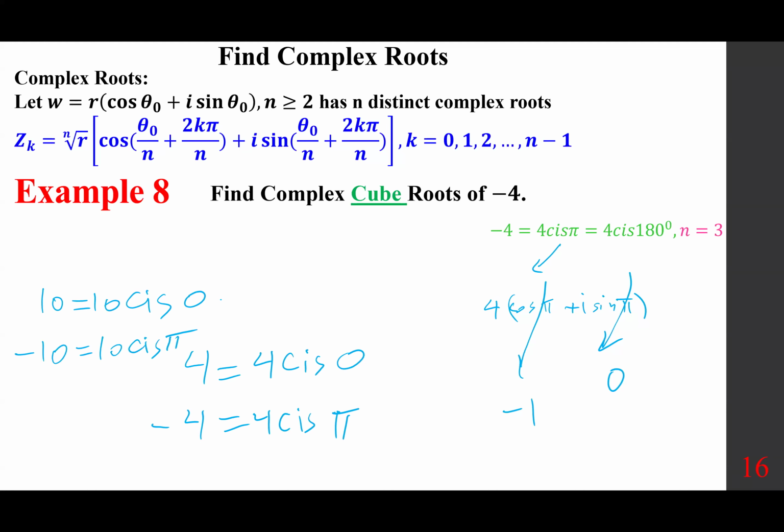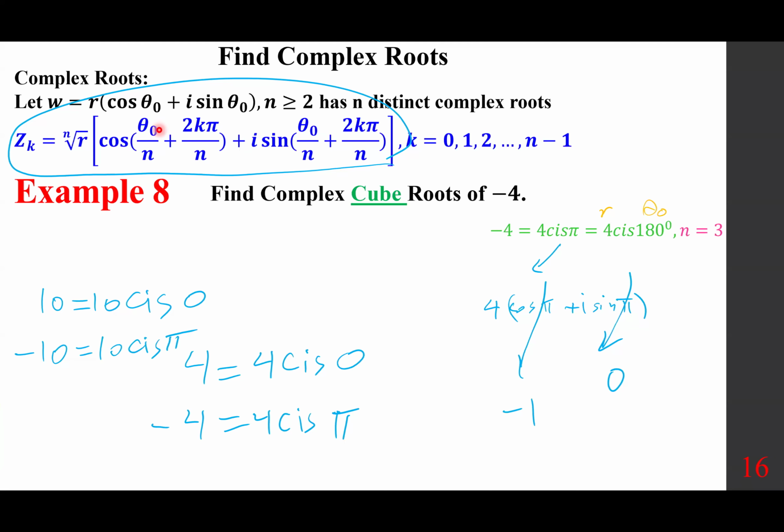All right, now that we have the format that we want, we are going to go with this. We want z sub k. We want the nth root of r, which is the third root of 4. Remember, n is 3. Cosine of, this is theta sub 0. So you see, this is r. This is theta sub 0.